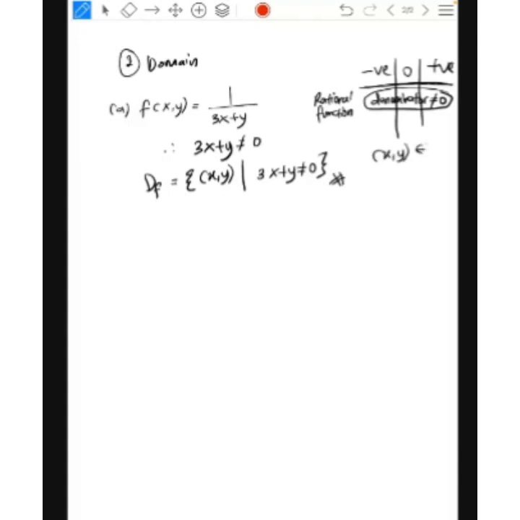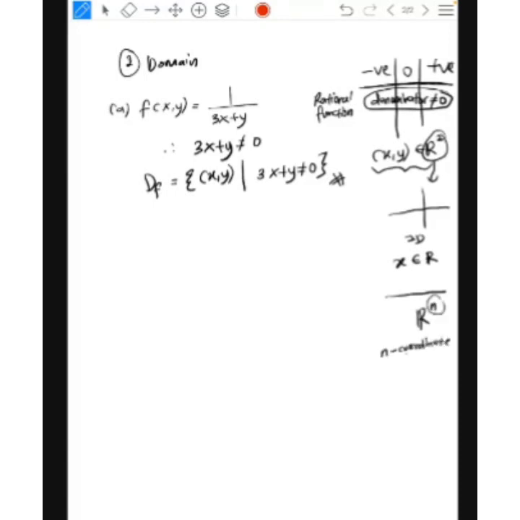My class this morning asked me, is it compulsory to write (x, y) an element of R to the power of 2? It's not compulsory, but what it means is that R2 means you have two variables, so it is in a two-dimensional coordinate system. If only x, then x will be in R, which is one variable, only one coordinate system. It can go up to R to the power of n, where n means an n coordinate system.